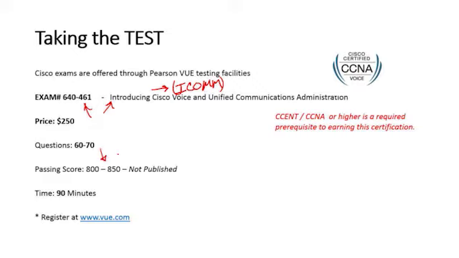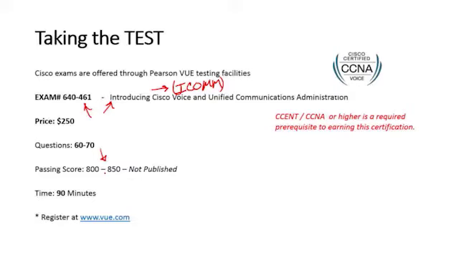Passing score between 800 and 850. The passing score is not published on any Cisco exams. You do see at the end, after you've taken an exam, you'll see a percentage in these categories that we've tested you on, but it doesn't give you a score like some people know they've passed once they get somewhere in here. So that's where that's coming from.